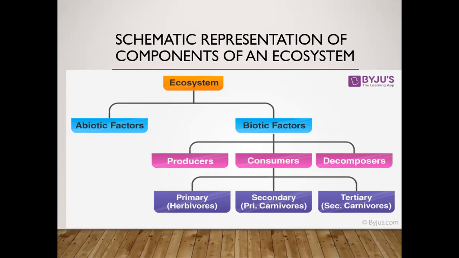Hence, you can see we have primary consumers, secondary consumers, and tertiary consumers. I'm still explaining biotic components of an ecosystem. Everything we are going to talk about is represented by this diagram. So I have spoken about producers, which are mainly green plants that have chlorophyll, that have the ability to photosynthesize.